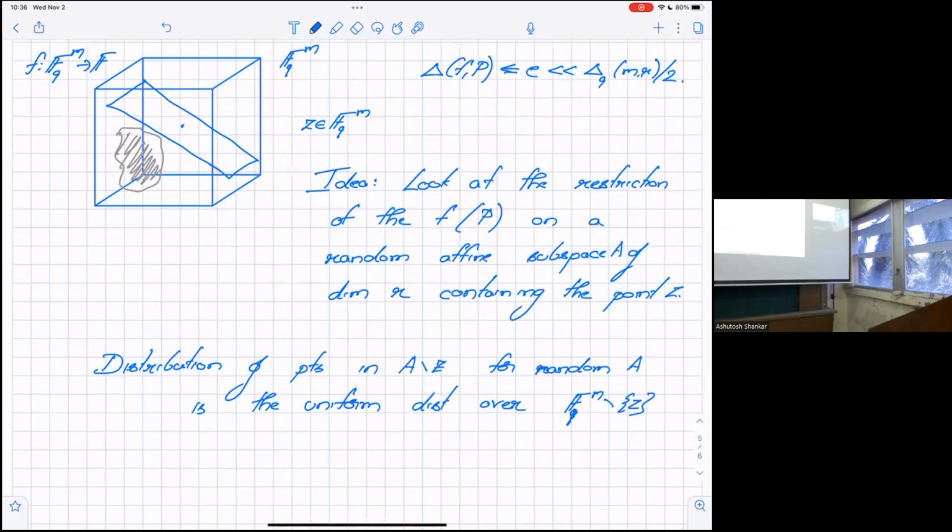So once you pick an affine subspace, I'm being a bit sloppy over here when I say an affine subspace. You have to do this formally. You have to carefully say what you mean by restricting to an affine subspace.